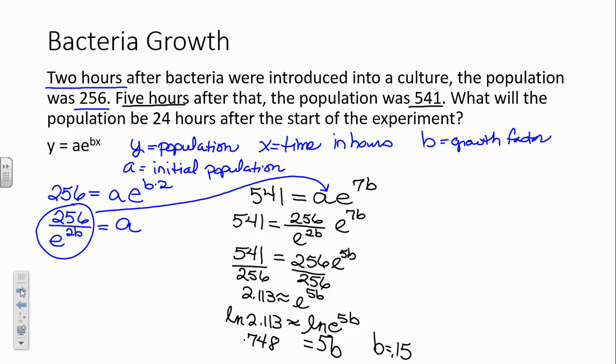Almost there. Okay, now we just have to figure out what a is. So if we plug that back in, 256 divided by e to the 2 times 0.15, right? This is that 0.15 we just found out.